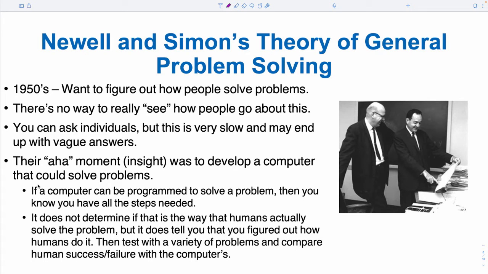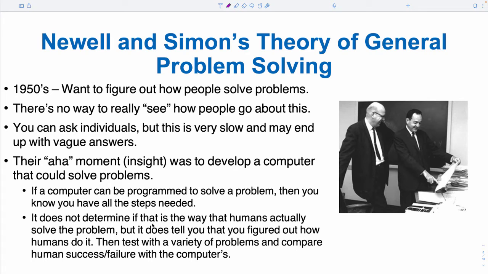If the computer can do it successfully. Now, this approach to understanding problem solving doesn't really determine that the way you program the computer is the same way that humans actually solve the problem. But it does tell you that you figured out how humans can do it.